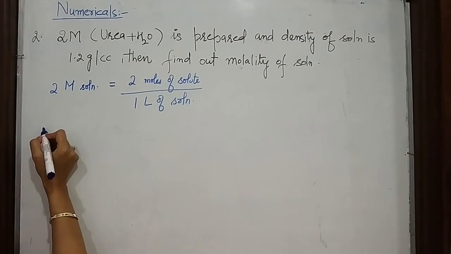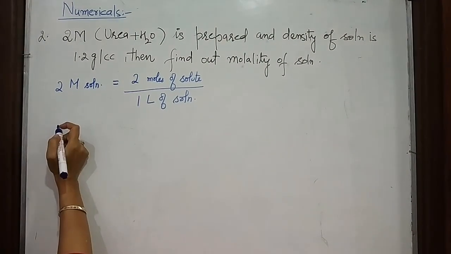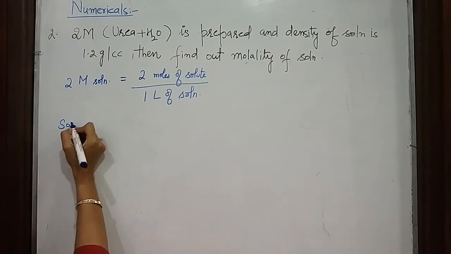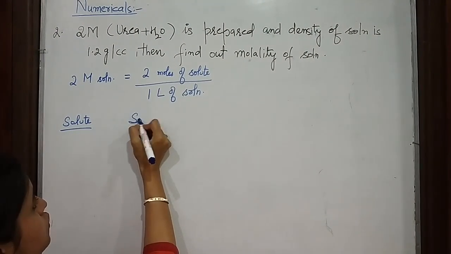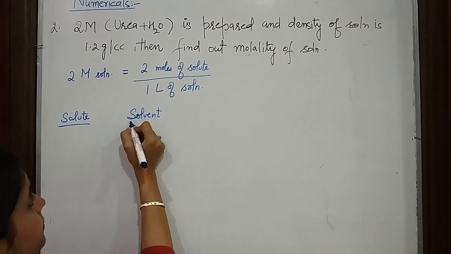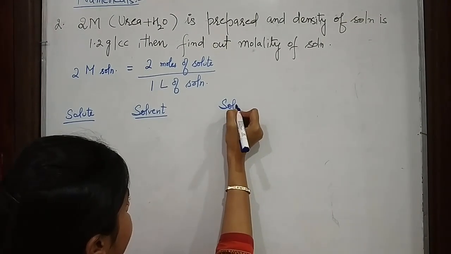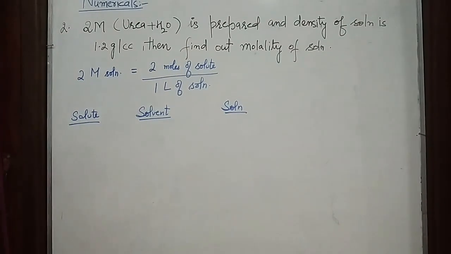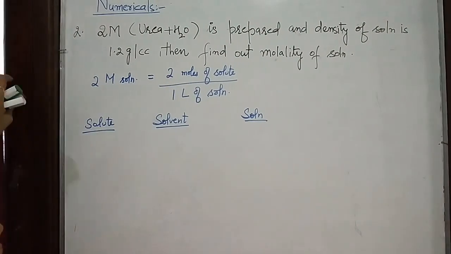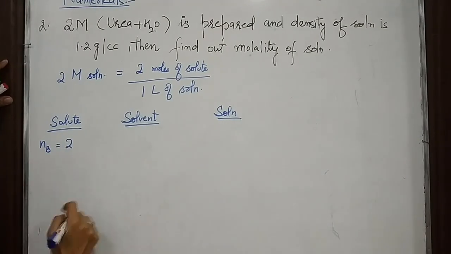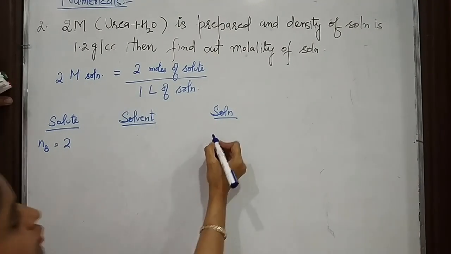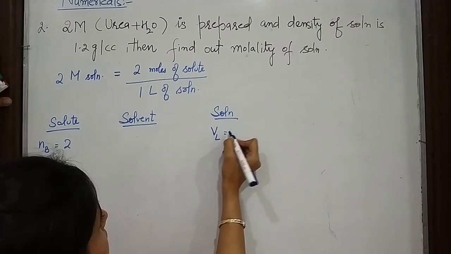Now for simplicity, you make a table for solute, solvent and then solution. Now what is given for solute? Number of moles, which is 2 moles. Then for solution it is volume, which is 1 liter.